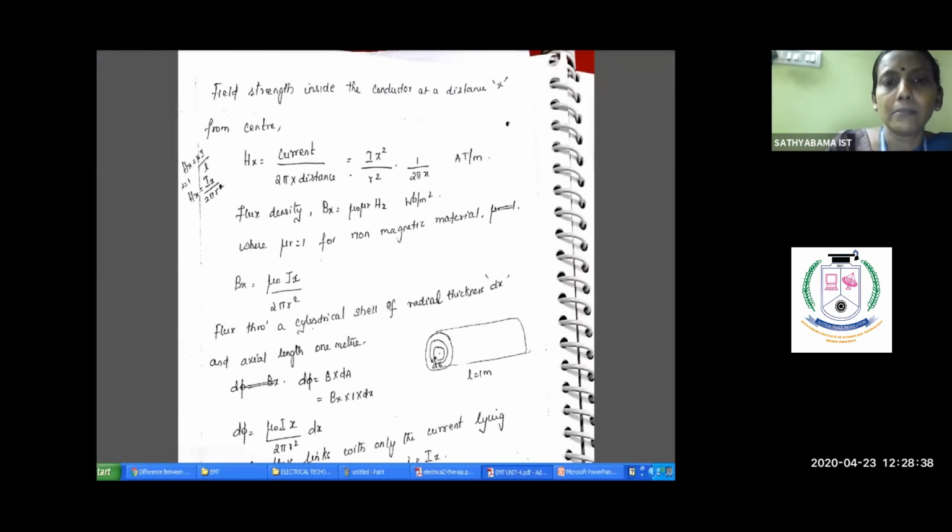And flux density B for that Ampere loop, Bx, can be written as mu naught mu r into Hx here. Whereas mu r for a non-magnetic material is taken as 1. So we rewrite the equation as mu naught into Hx, where Hx is nothing but Ix divided by 2 pi r square.